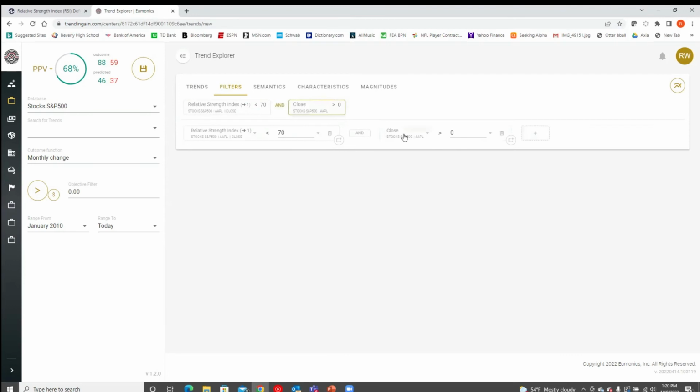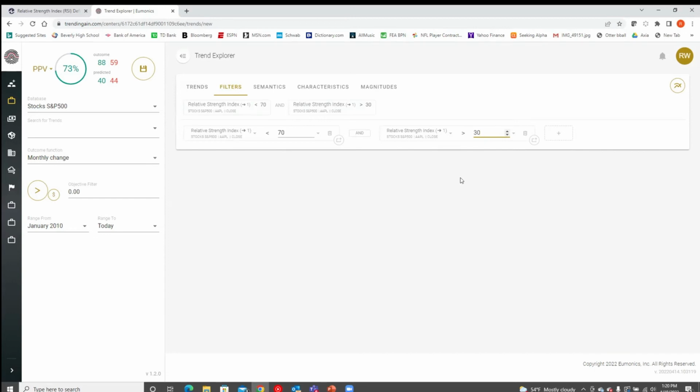And the relative strength is greater than 30. So what we're doing now is we started with the Investopedia explanation of relative strength, which, at least for Apple, is completely wrong. And we're now going to create a new piece of causal knowledge.